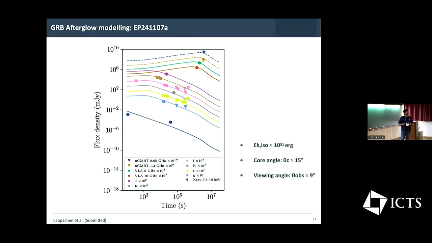The jet properties we inferred are an isotropic kinetic energy of 10^51 erg, a core angle of 15 degrees, viewed almost on-axis at 9 degrees. And the beam-corrected energy is around 10^48, which is at the lower end of cosmological GRBs.